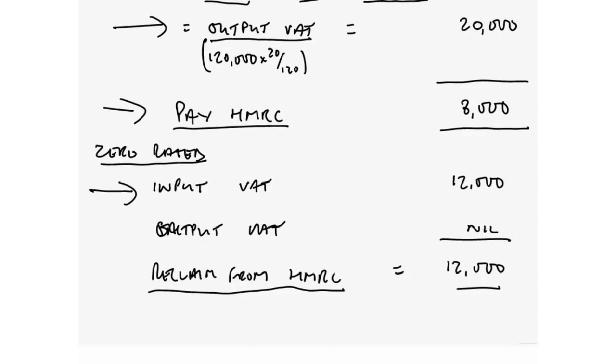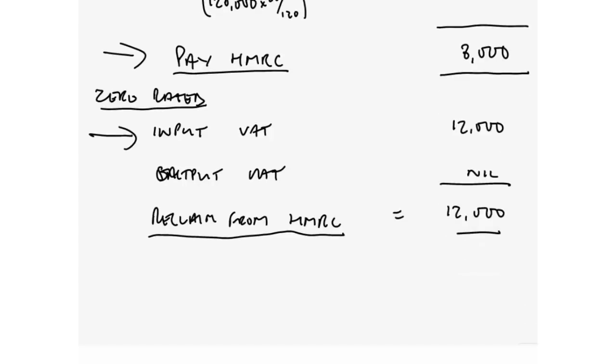Whereas, if we have merely suffered VAT on purchases, but we have not charged any on our sales, then we have no money to pay over to HMRC, and they will give us back the VAT that we've suffered. So the constant is the ability to recover input VAT, so long as we make taxable supplies.